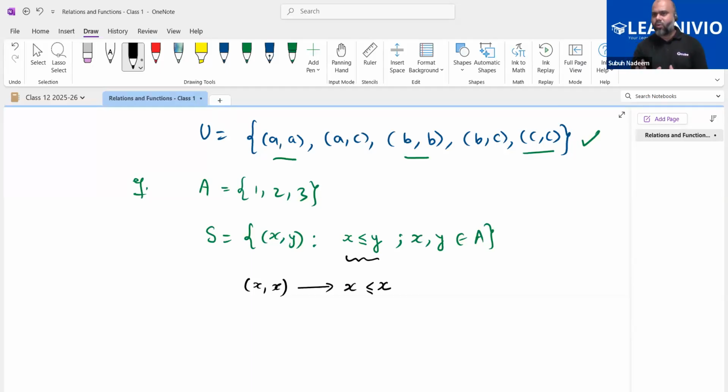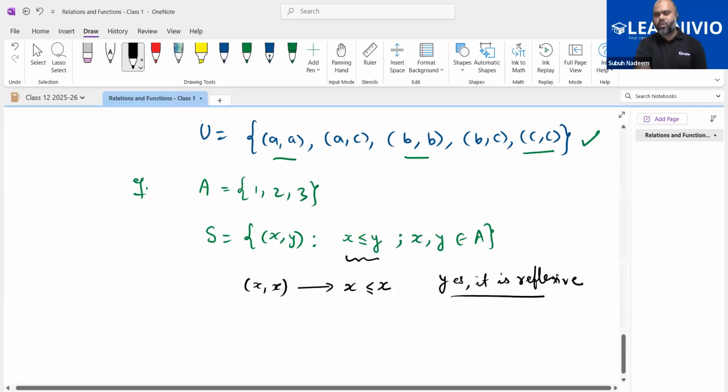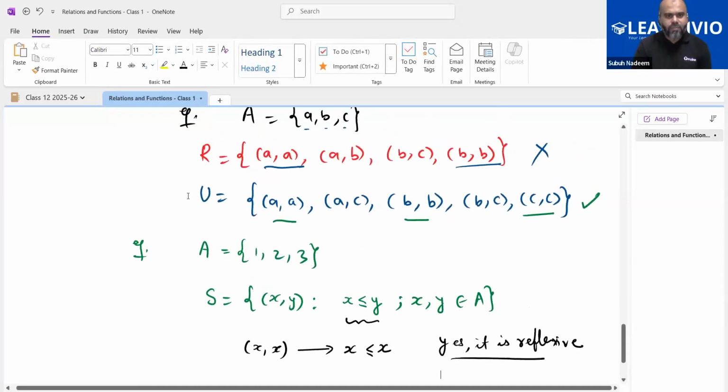Yes, it can be equal to, of course. So we can say yes, it is reflexive because all of its elements will be mapped to itself. If suppose it was only less than, not equal to, then it will not be reflexive. So first write this type of relation.